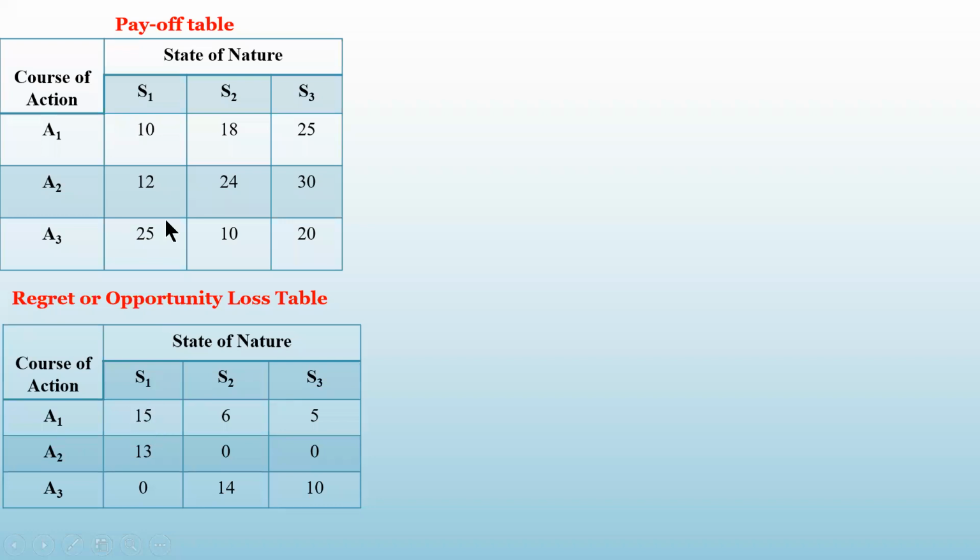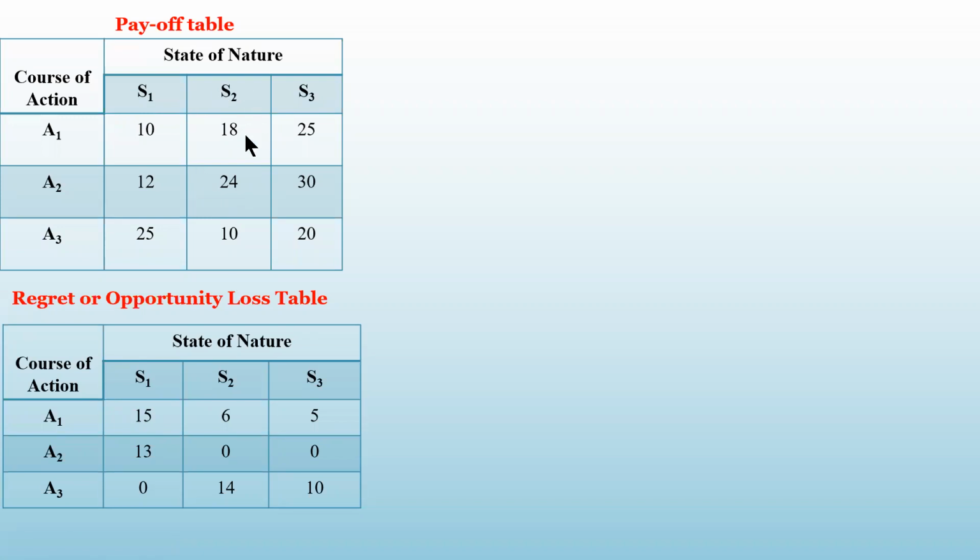This is what I have. For here 25 minus 12 that is 13. और अगर मैंने इसी को सेलेक्ट किया तो 25 minus 25 that will be zero loss.